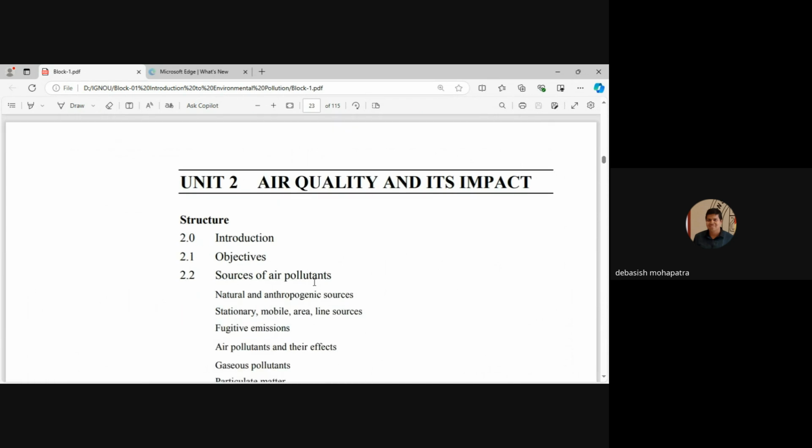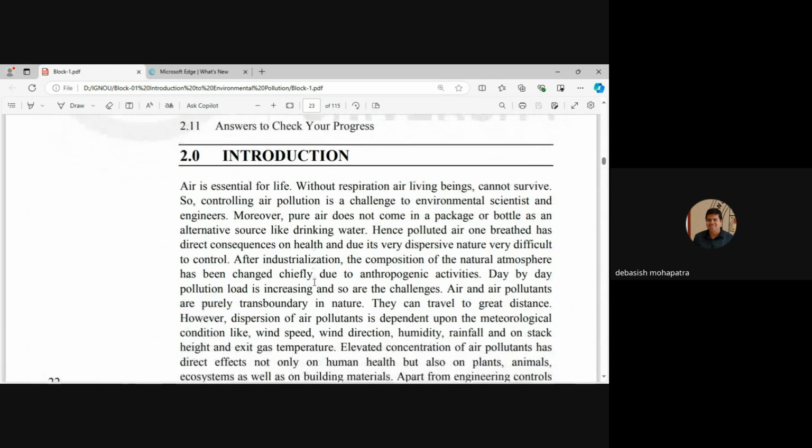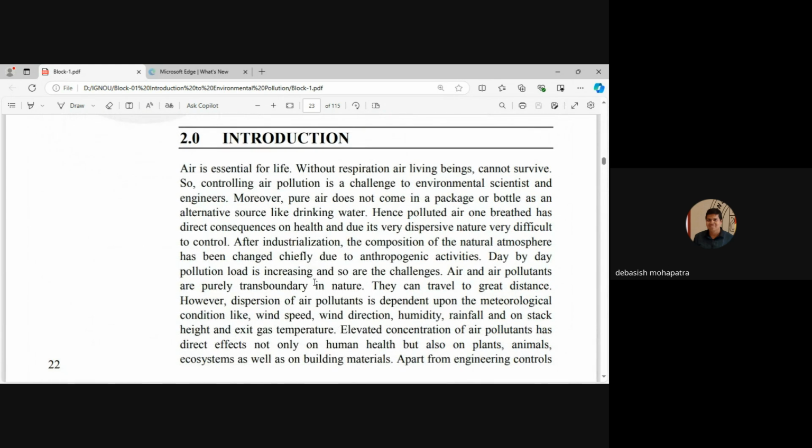Then we'll come to air quality and its impact. We know that air is essential for life, because without respiration, living beings cannot survive. So controlling air pollution is a challenge to environmental scientists and engineers. Moreover, pure air does not come in packets or bottles as an alternative source like drinking water. But maybe in future we will be getting bottles of packed air.